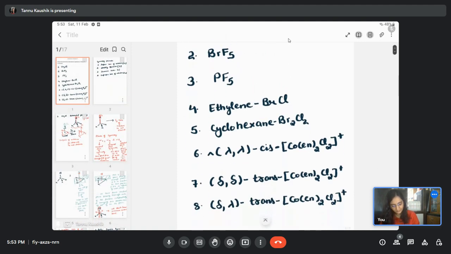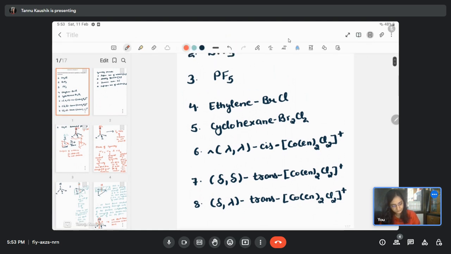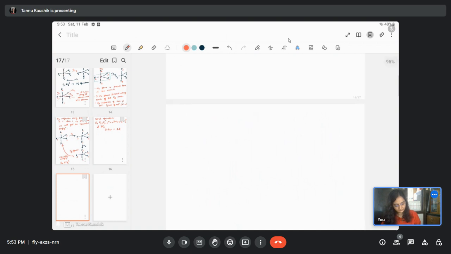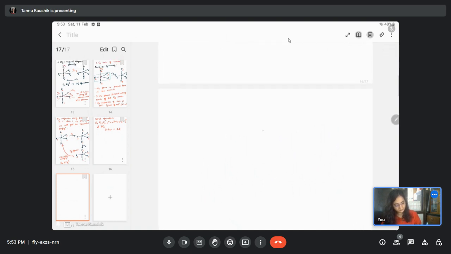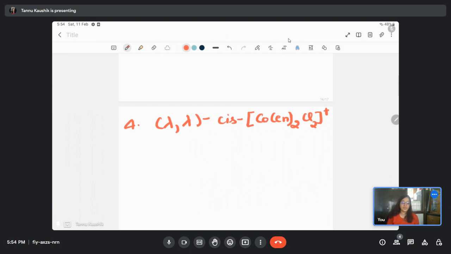So the next molecule is, we will be discussing this molecule first, lambda cis-[CoCl2(en)2]+.